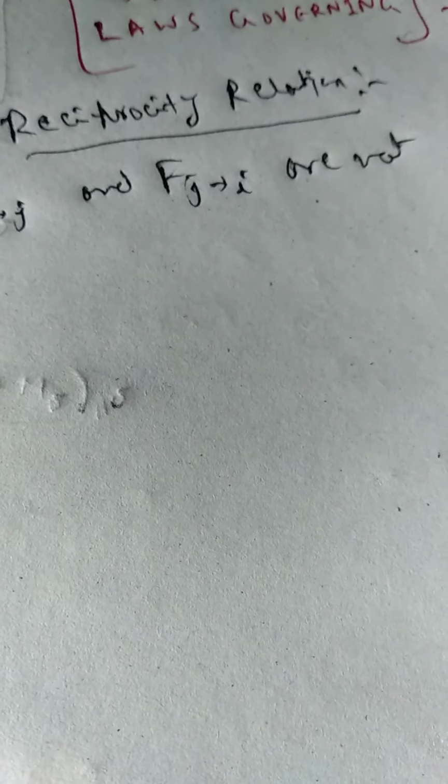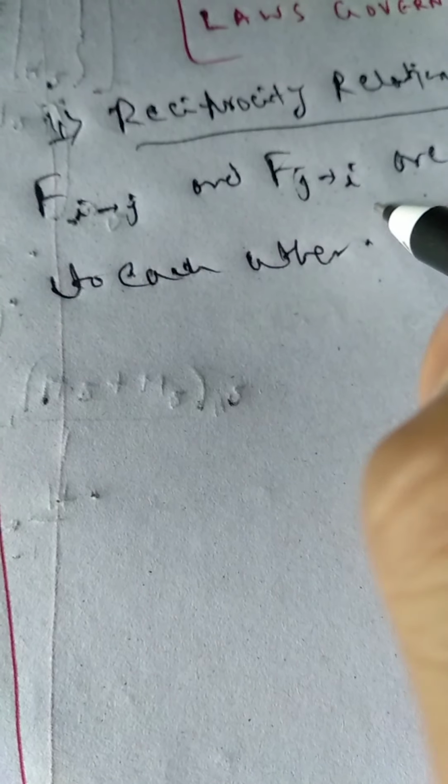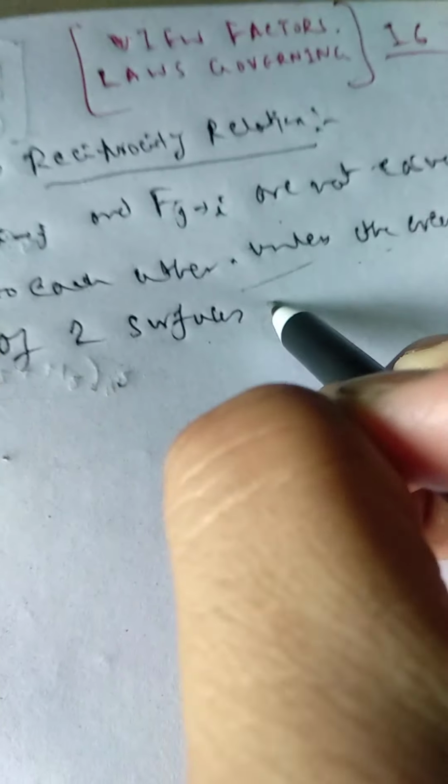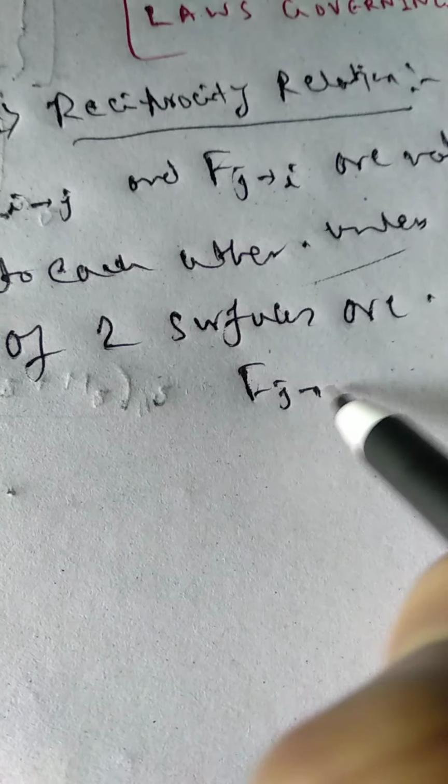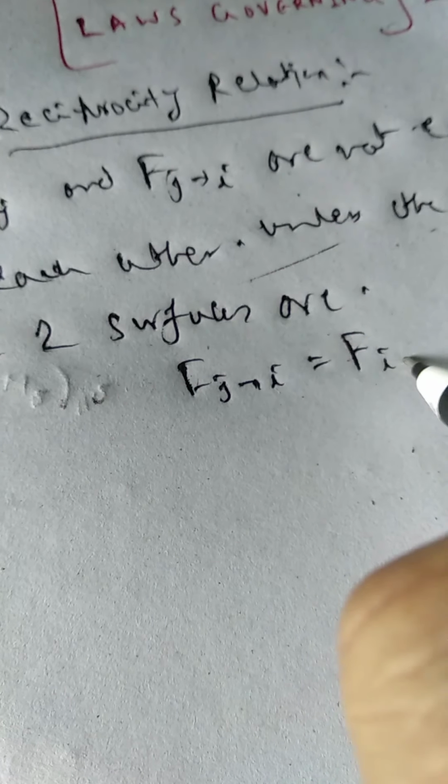These view factors F_ij and F_ji are not equal to each other, unless the areas of the two surfaces are equal, that is F_ji is equal to F_ij.